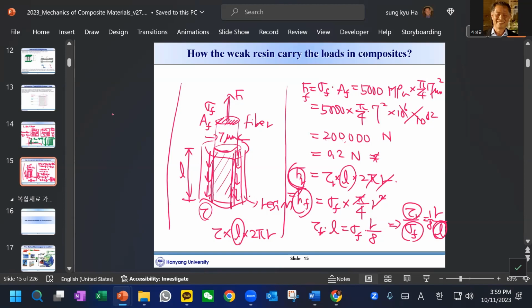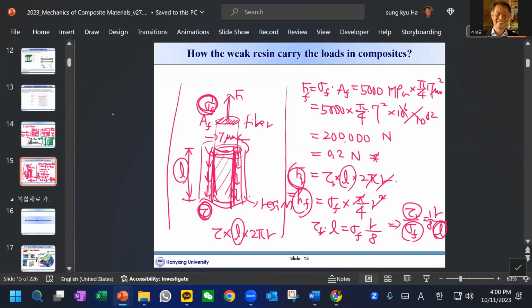So even though this is very, very large compared to this resin strength, we don't worry. The way the resin system carries the load is this overall area of contact. And this overall area of contact is not just the cross section, but the length L. You can see how long the fiber is.